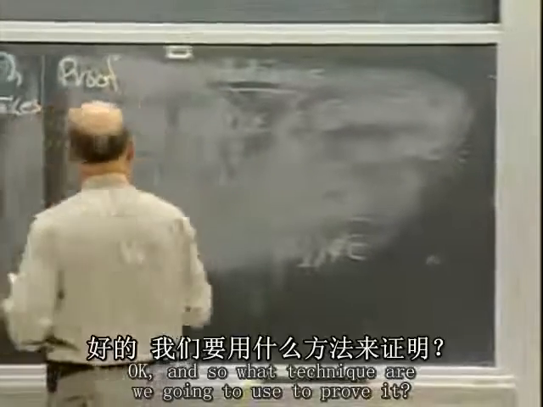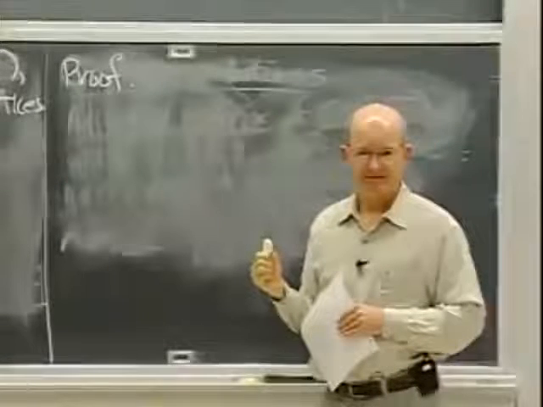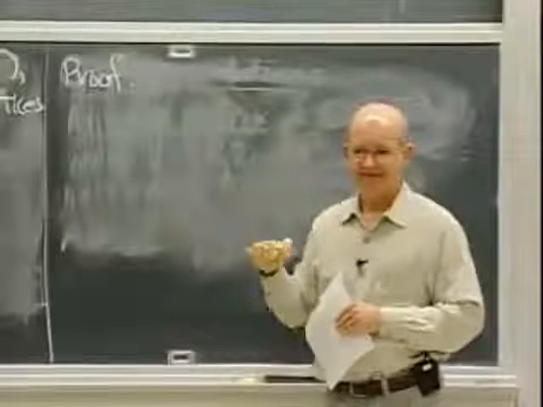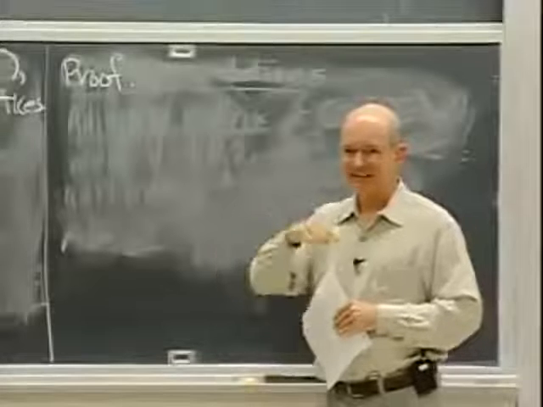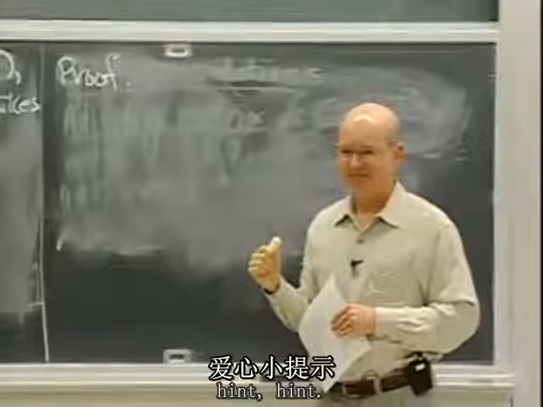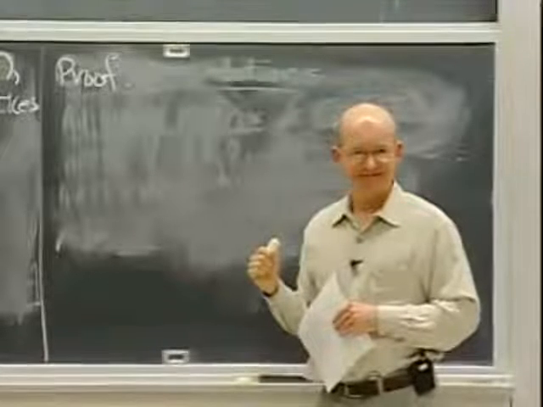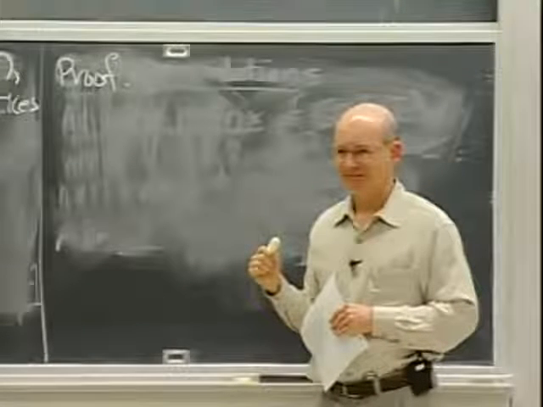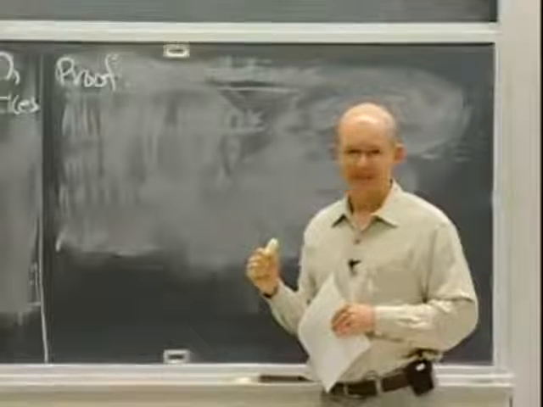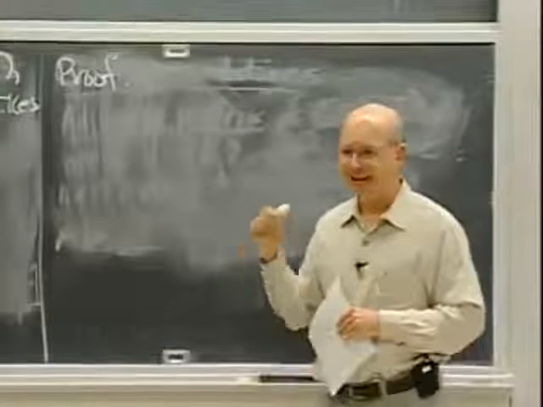Okay, and so what technique are we going to use to prove it? Okay, we learned this technique last time. Hint, hint. Something you do in your text editor all the time. Cut and paste. Good.